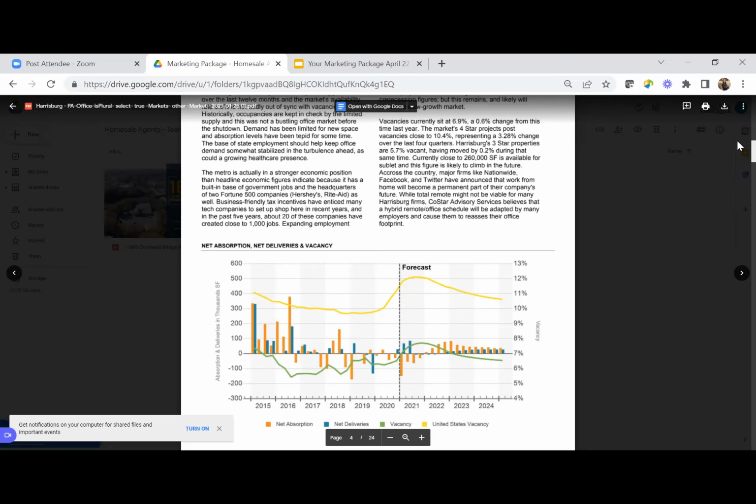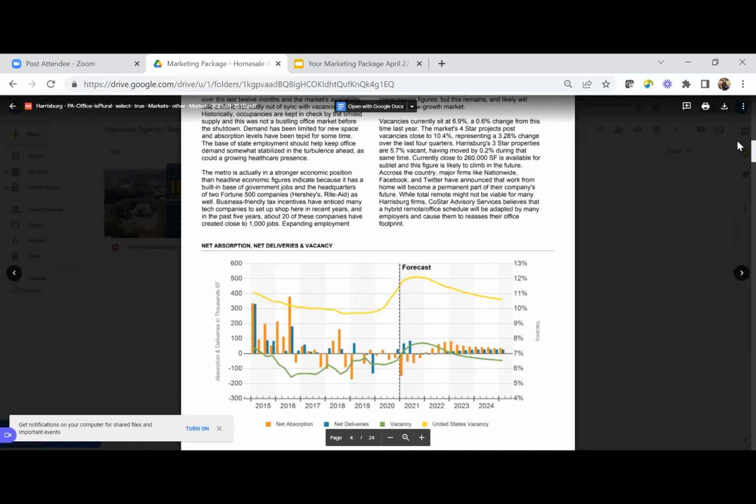Continuing on, this describes the leasing and how it relates to the rest of the United States. As you can see, oddly enough, in Harrisburg, it was a lot lower than the rest of the United States. They also had a lot less net deliveries. So all in all, it was not affected that greatly by COVID.